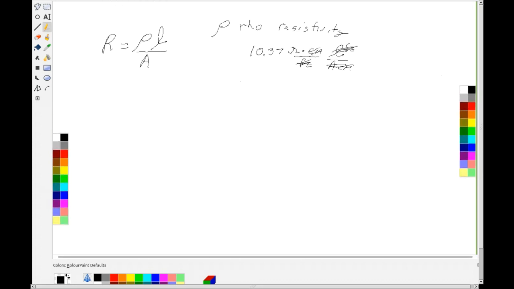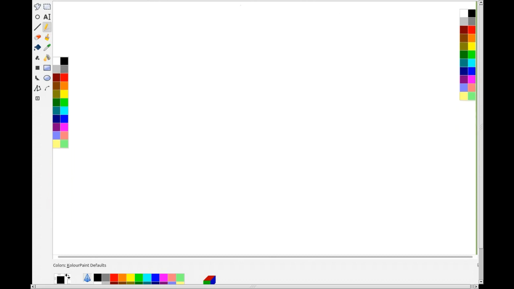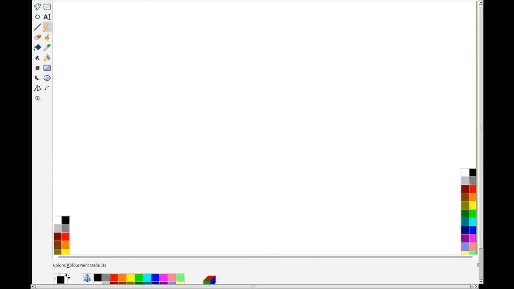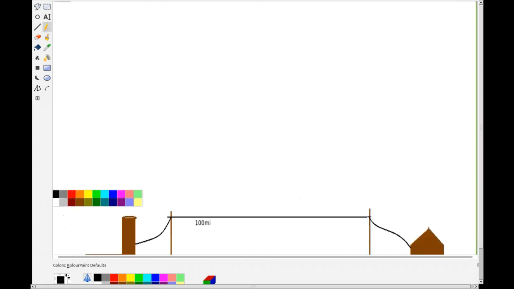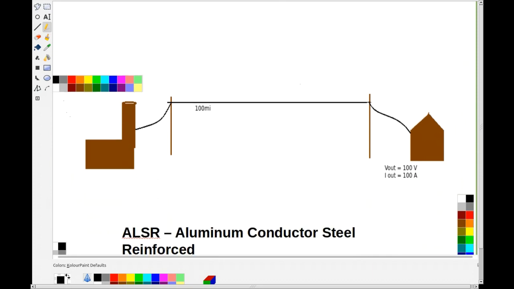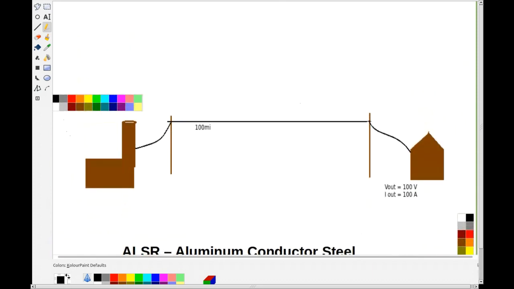Okay. So given that, let's take a look at an example. Over here we have our power station generating electricity, and they're going to feed that to my house.